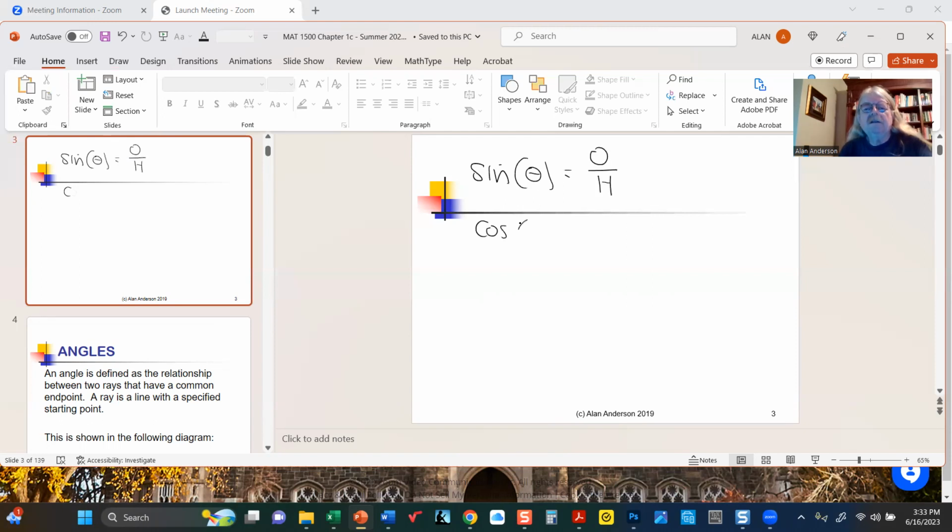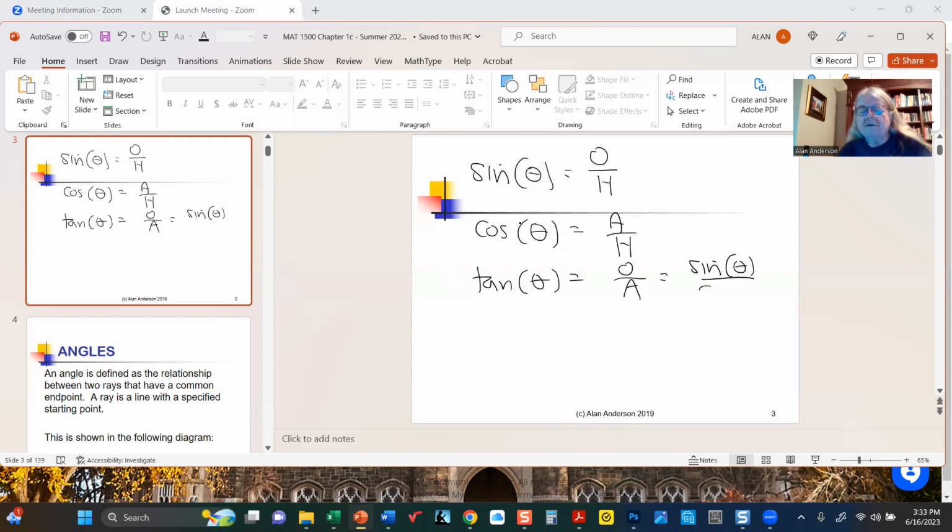The cosine is the adjacent over the hypotenuse. The tangent is the opposite over the adjacent, which means this can be thought of as simply the sine over the cosine.